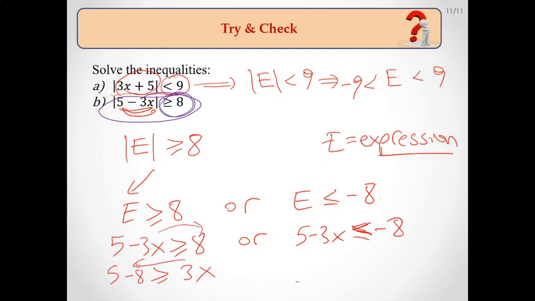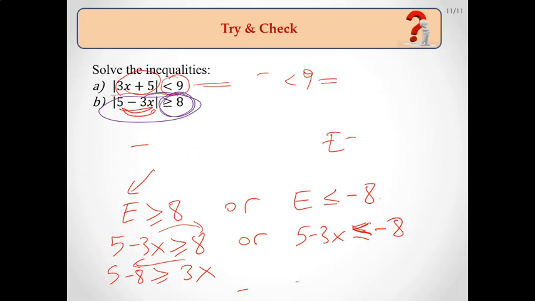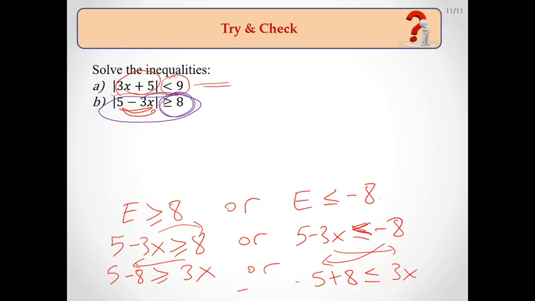So you got this one, and this will give us minus 3 less than or equal to 3x, and it will give us, okay, I want to move this one up here. Okay, I have this one now. You got 5 plus 8 bigger than or equal to 3x, and this makes 13 less than or equal to 3x.